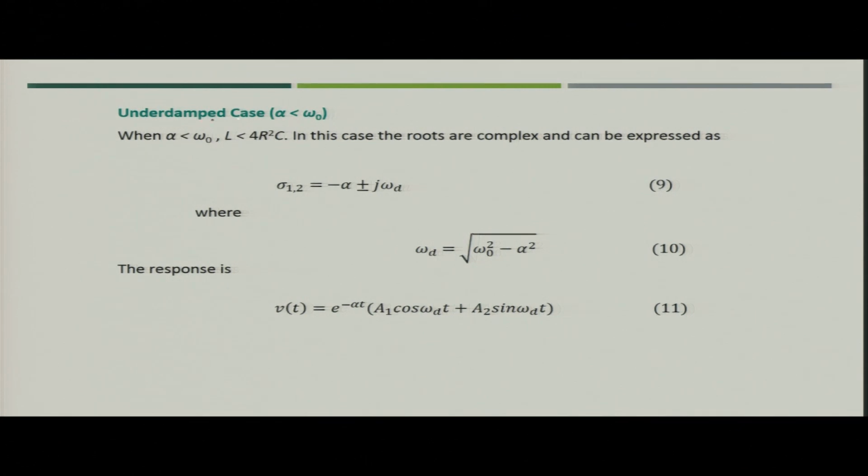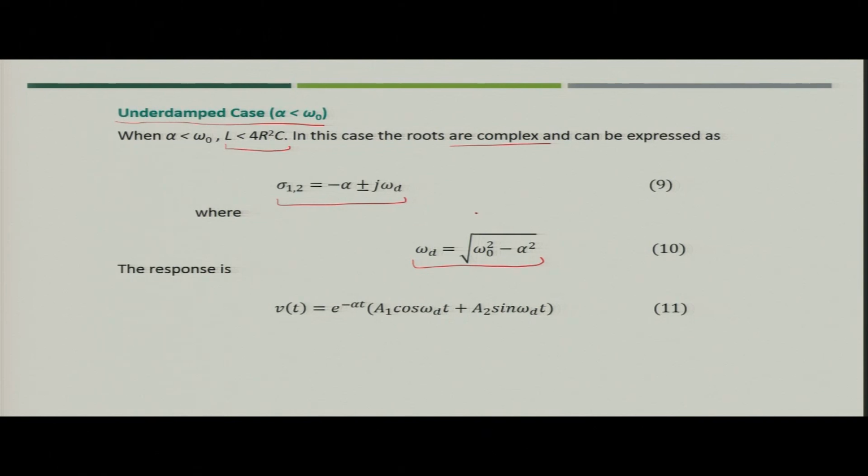Now, the third case is the underdamped case when alpha is less than omega naught, that means the value of L is less than 4 R square C. In this case the roots would be complex and can be expressed as sigma 1, 2 equal to minus alpha plus minus j omega d, where omega d is root of omega naught square minus alpha square.